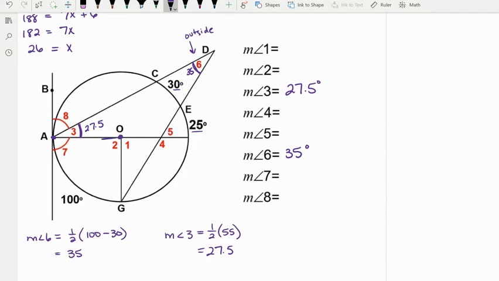And also these are central angles, right? So angle 2 goes with that 100. Since it's a central angle, central angles are exactly the same as their intercepted arc. So angle 2 is going to be 100 degrees. And then if 1 and 2 have to add up to 180, then that means that angle 1, along with its intercepted arc, is 80 degrees.